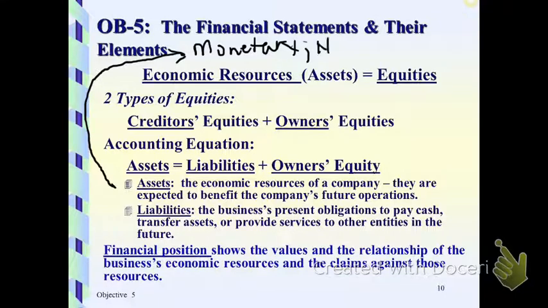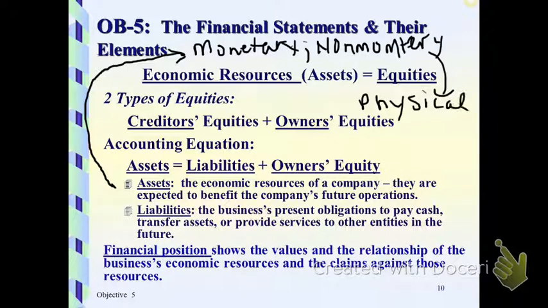Then our non-monetary physical things would include such things as inventory, equipment, buildings, etc. And our non-monetary intangible or non-physical items would be such things as patents or trademarks.